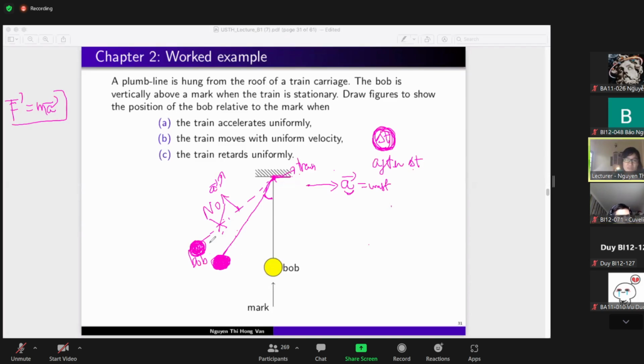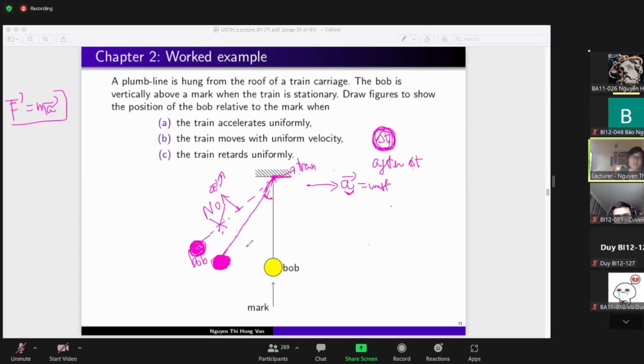So Huỳnh Đức, can you explain? Huỳnh Đức said that if we keep constant, the position of the bob is still here. Huỳnh Đức, can you give me the explanation why the bob goes to the left by applying the law of Newton, not by observing?